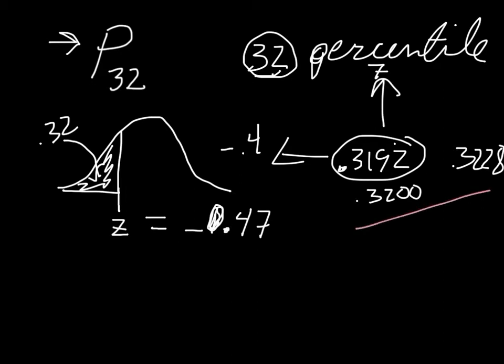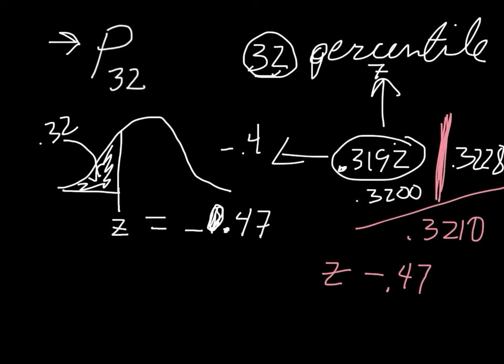Now, with this little thing I did right here, if you're generally closer to one of the numbers, just grab that z-score. If you're exactly halfway, or within 1 or 2 ten-thousandths of halfway, then you would continue on. If my probability had been 0.3210, which is exactly halfway, then what I would have written for the z-score is negative 0.475.